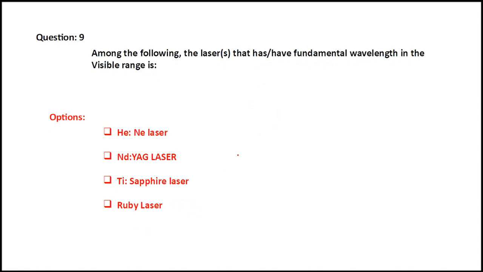Question number 9 is, among the following lasers, which has or have fundamental wavelength in the visible range. Initially in the first option, we had learnt about the helium neon laser in the earlier questions.